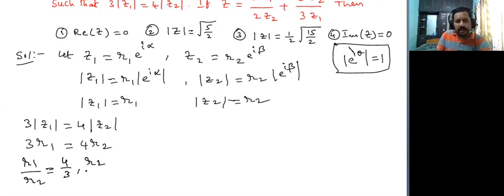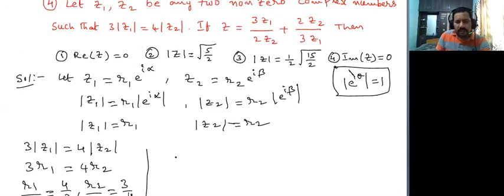R2 divided by R1, what? That is 3 by 4. These are useful. Now see, what is given for Z?